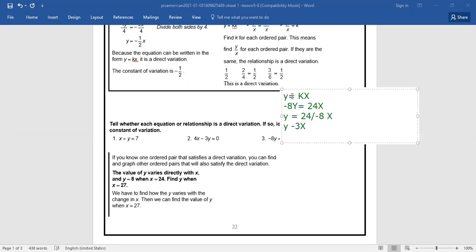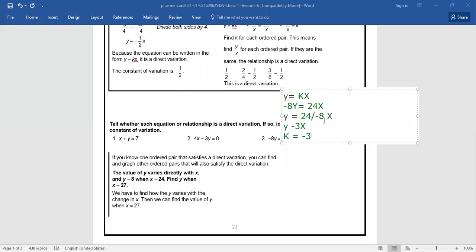So what is the value of k now? Negative 3. We have negative 8y equal 24x, so we divide by the coefficient before y, which is negative 8. We divide both sides by negative 8. 24 divided by negative 8 equals negative 3.